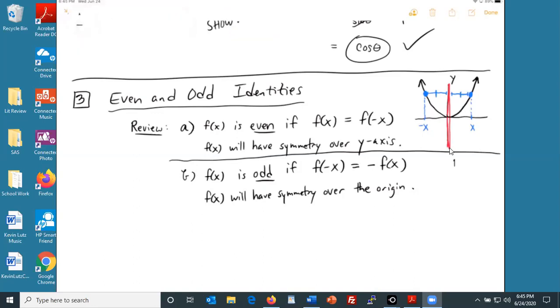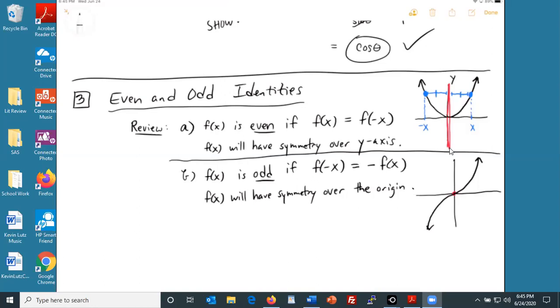Whereas symmetry over the origin, and the origin is just a point, is what this would look like. You might have something that looks like this. You can kind of think of it as diagonal symmetry, where it reflects over the origin and flips the other way.